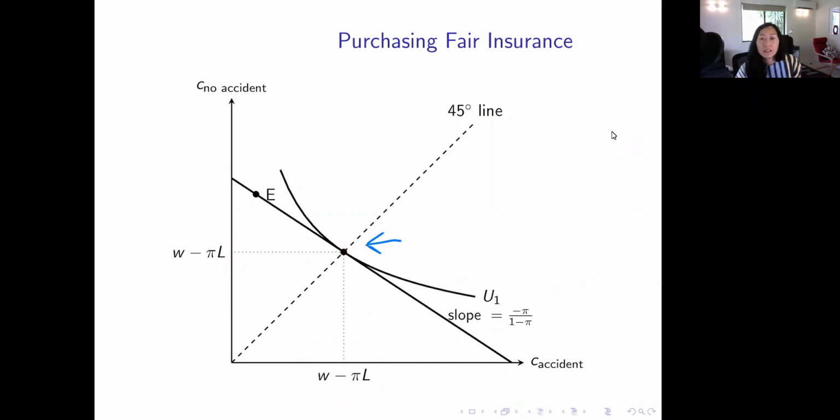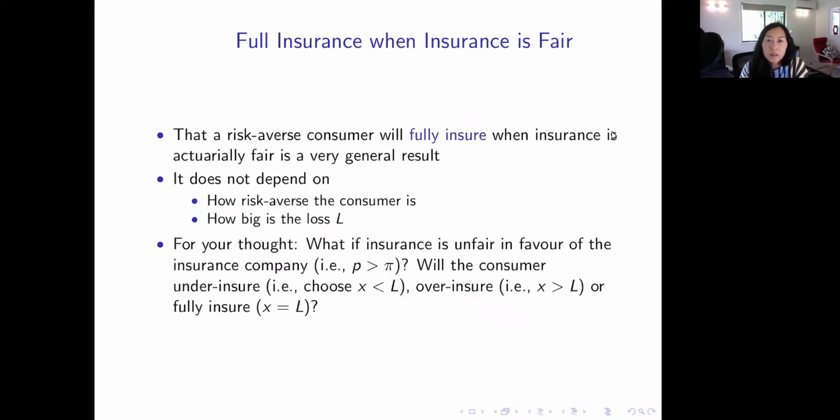That is a certainty. Full insurance when insurance is fair. That a risk-averse consumer will fully insure when insurance is actually fair. It's a very general result. Like if you're risk-averse and the insurance is fair, then you will definitely fully insure.